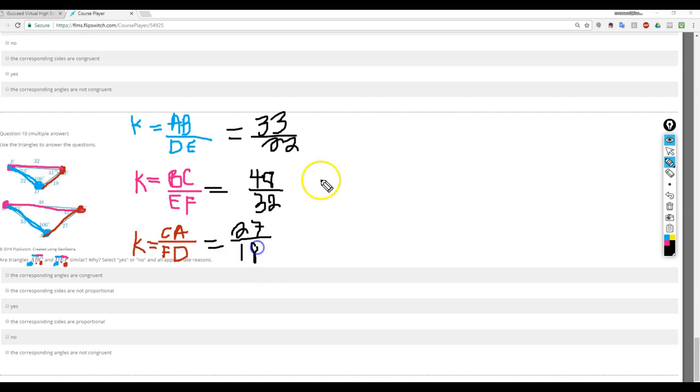So now we need to use our calculator and simplify or reduce. 33 divided by 22 is going to give us 1.5. 48 divided by 32 is going to give us 1.5. 27 divided by 18 is also 1.5.